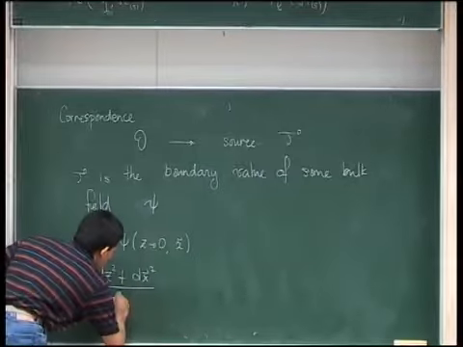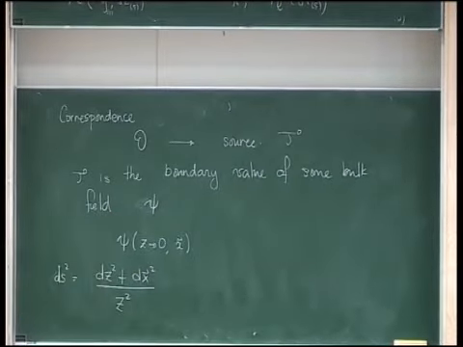So for every operator in the field theory, there is a field propagating in anti-de Sitter space, which has a boundary value which I've called J naught. So what do I mean by this? So psi, as z goes to 0. Again, I'm working now in anti-de Sitter space in Poincaré coordinates, with coordinates z and a 4-vector x.